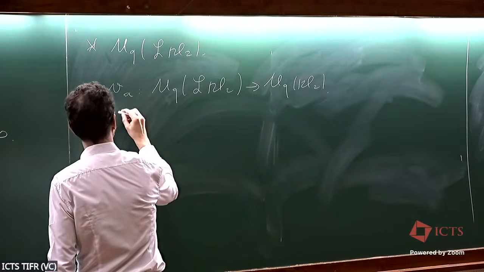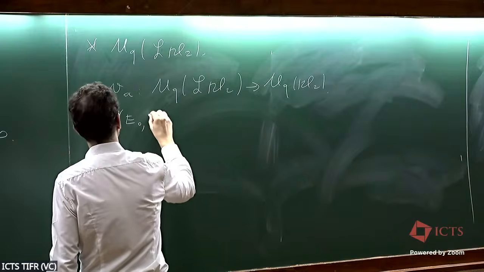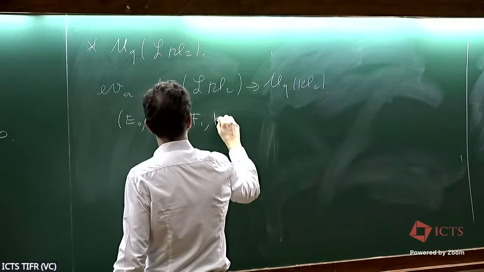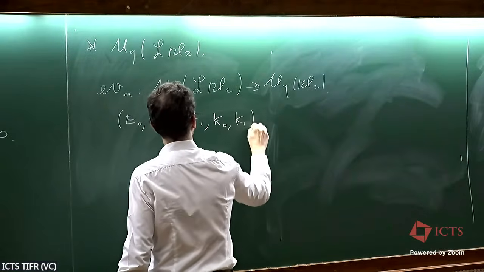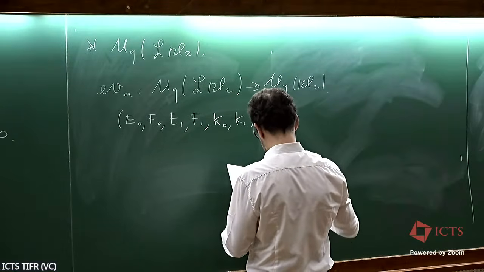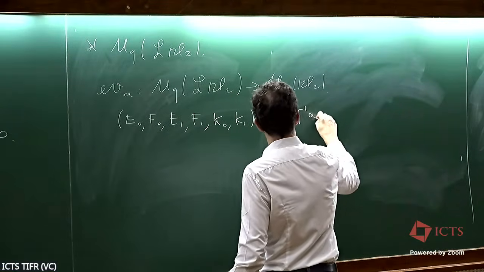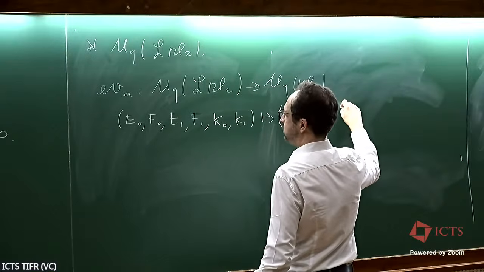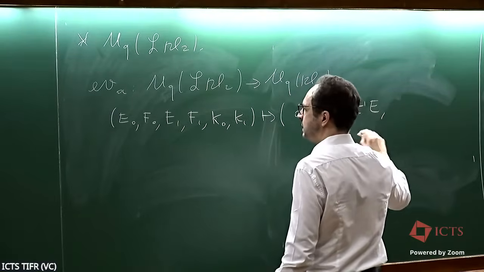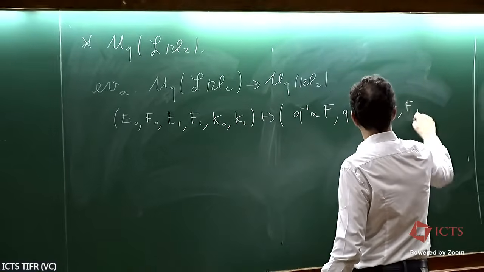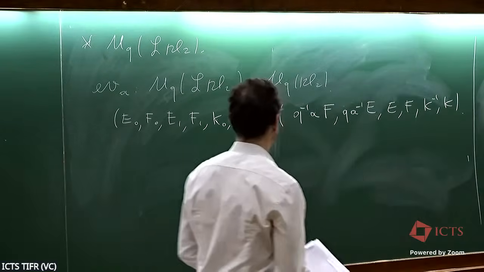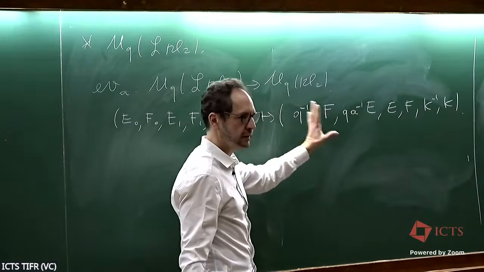So here you have generators E0, F0, E1, F1, K0, K1. And the respective images are q^-1 F, q^-1 E, E, F. So that defines a surjective morphism.